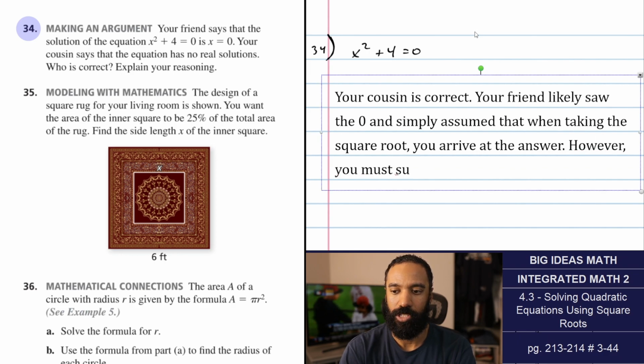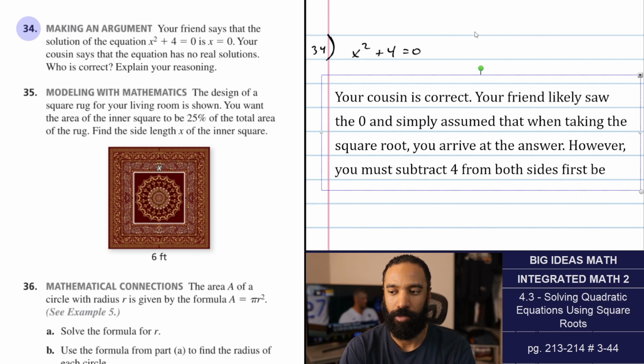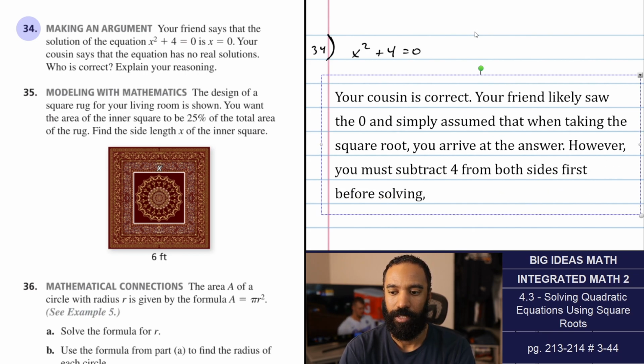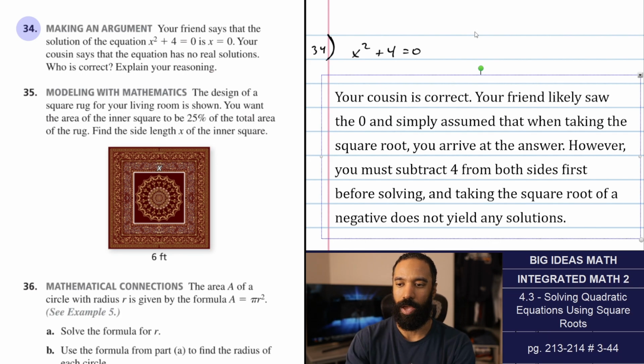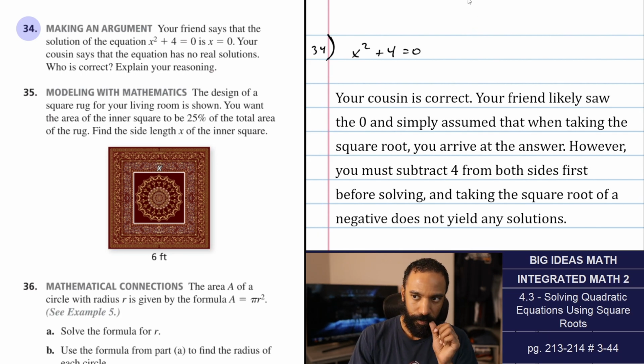However, you must subtract 4 from both sides first before solving, and taking the square root of a negative does not yield any solutions. This is why your cousin's correct.